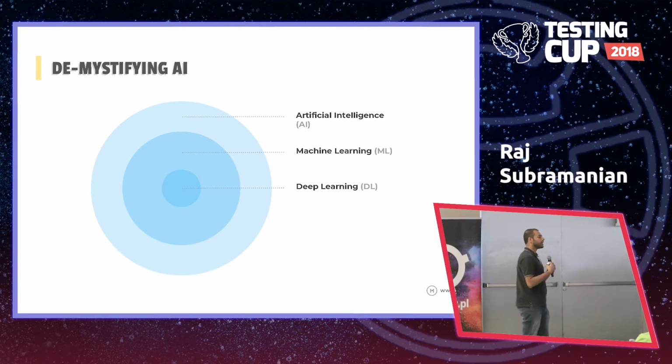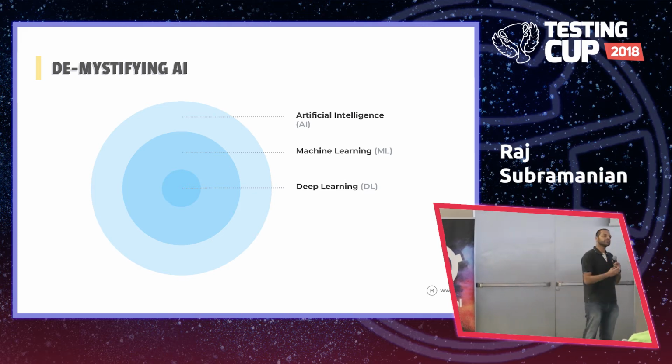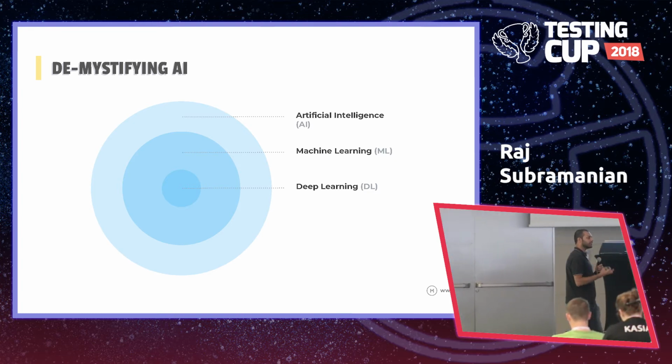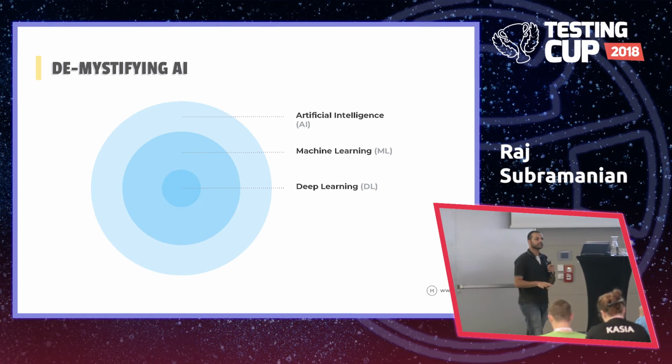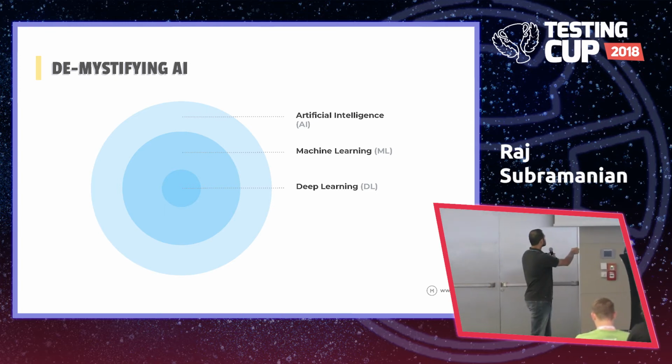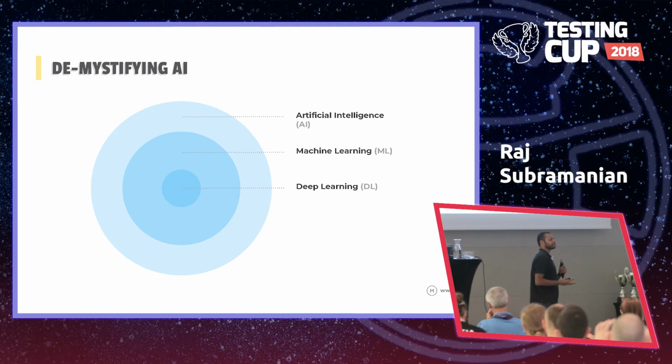What is artificial intelligence? It's the field of study to create intelligent machines which can work, think, and react like human beings. Then under that, you have machine learning. Machine learning evolved from the field of study of pattern recognition and computational theory.